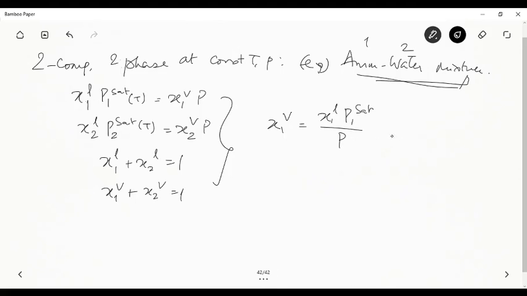And this is also equal to, P is basically the two partial pressures put together, X1L P1 sat divided by X1L P1 sat plus 1 minus X1L P2 sat.